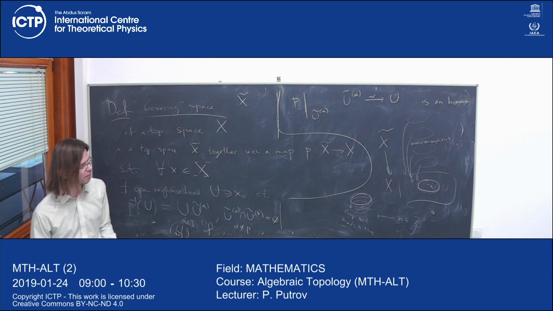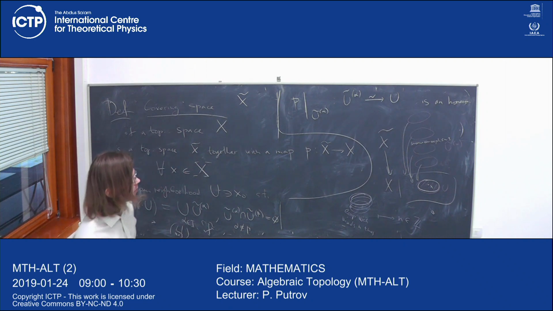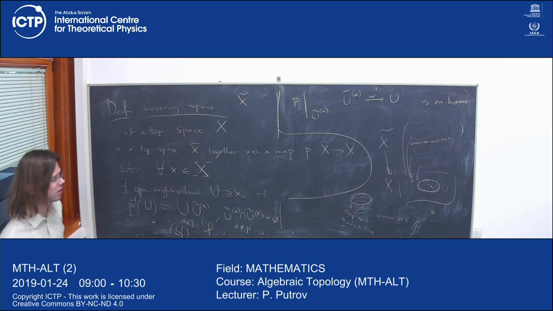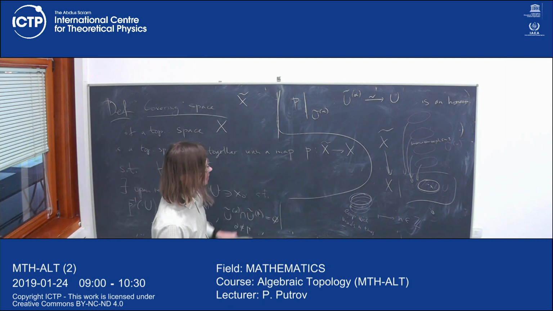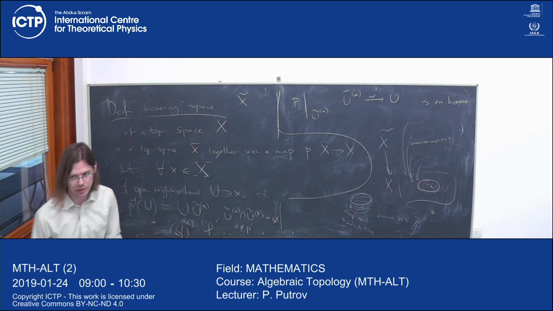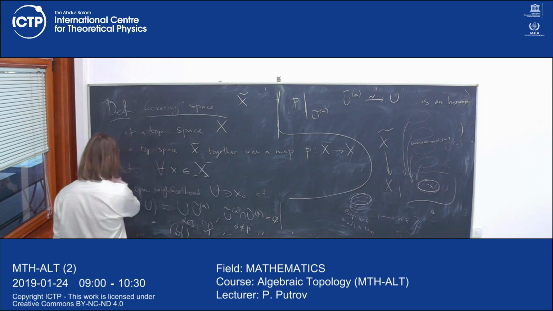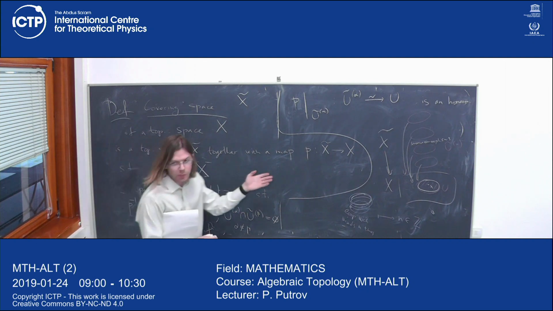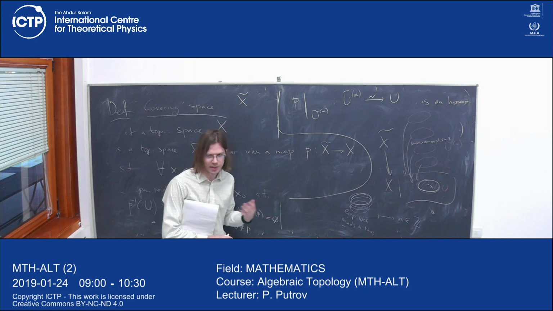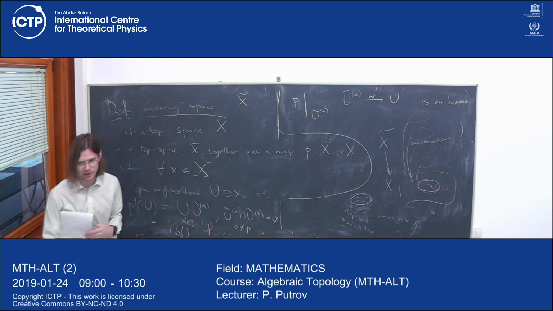But for now, we don't need this. Yes, it's true that this can always be realized as a quotient. Not all quotient maps are covering, but the other way it's true: all coverings can be realized as quotient maps.